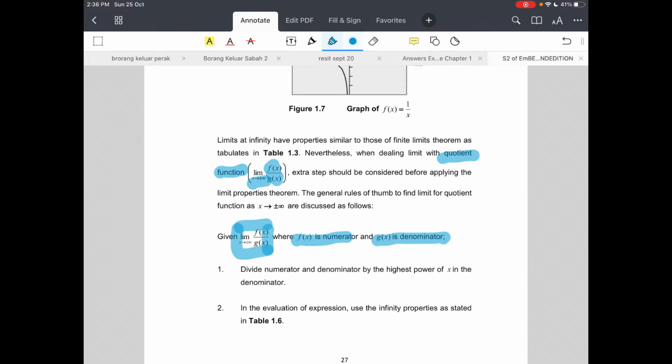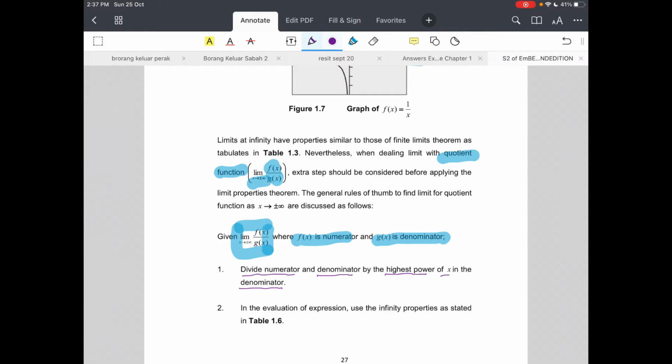What you need to do is divide the numerator and denominator by the highest power of x in the denominator. That's the first step.